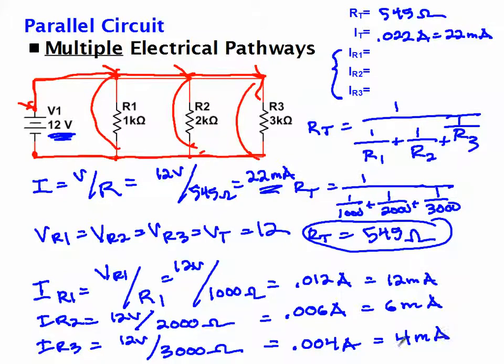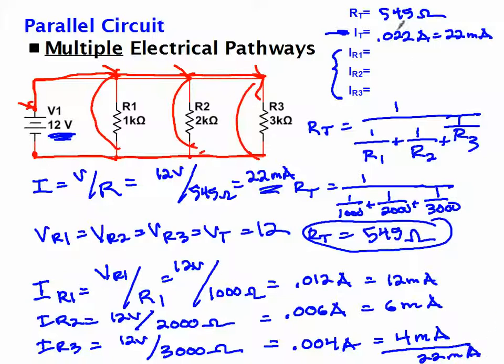Now here's where Kirchhoff's current law comes in as a double check. If we add up each of the currents in each loop, IR1 plus IR2 plus IR3 should equal my total current. 12 plus 6 plus 4 equals, oh, look at that, how nice, 22 milliamps.